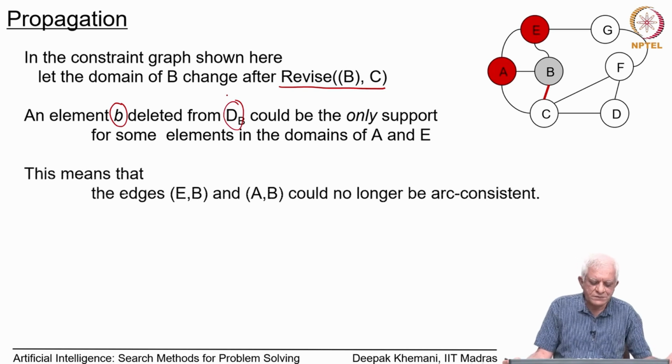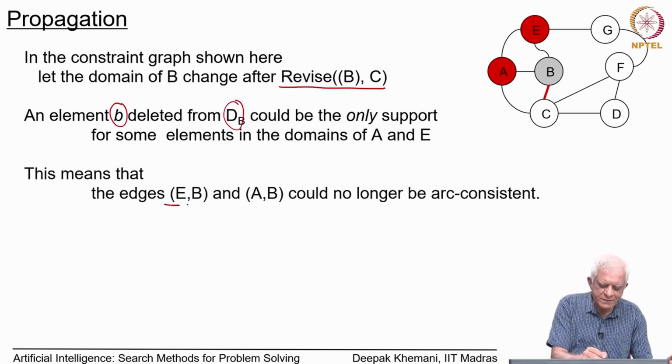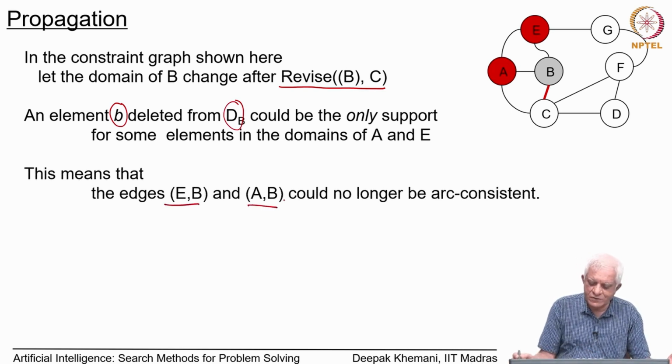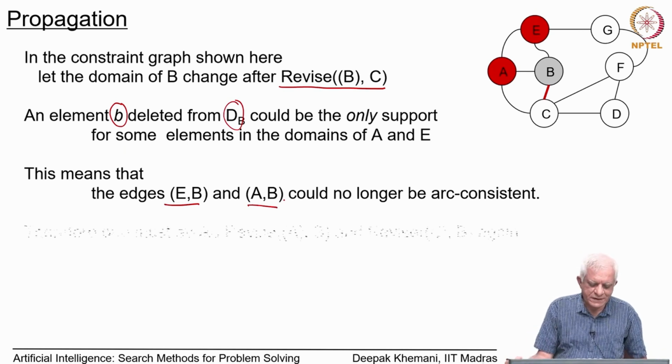So, what do we need to do? That edges EB and AB could no longer be R consistent. So, better go and make them R consistent again.